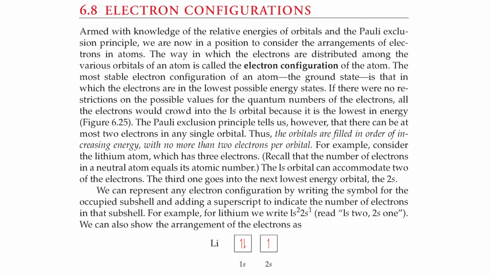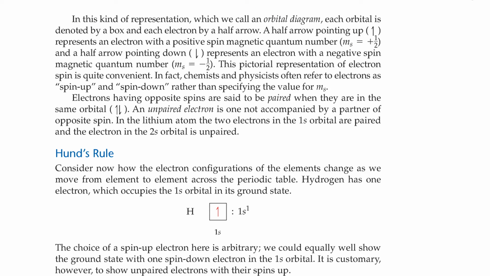We can also show the arrangement of the electrons for lithium: the 1s² has 2 electrons, one pointed up, one pointed down, and the 2s orbital has 1 going up. This kind of representation is called an orbital diagram.